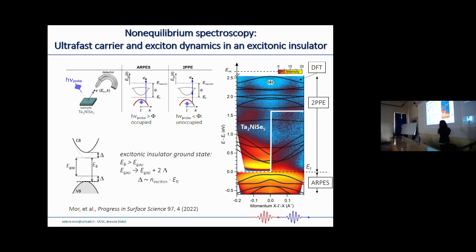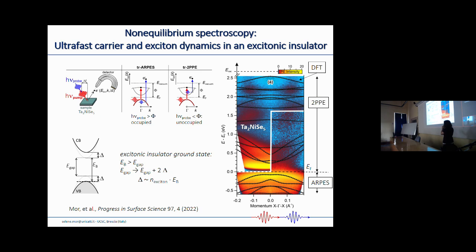But with two photons, you can coherently deliver an electron into a conduction band and then photoemit it. You can see here this intensity appearing above the electronic band gap of the material and matching the DFT calculation.